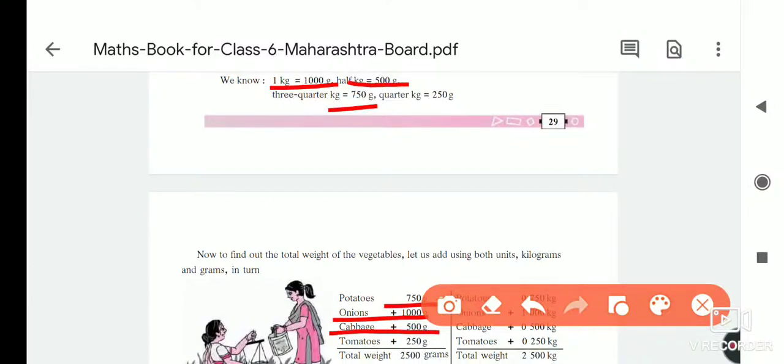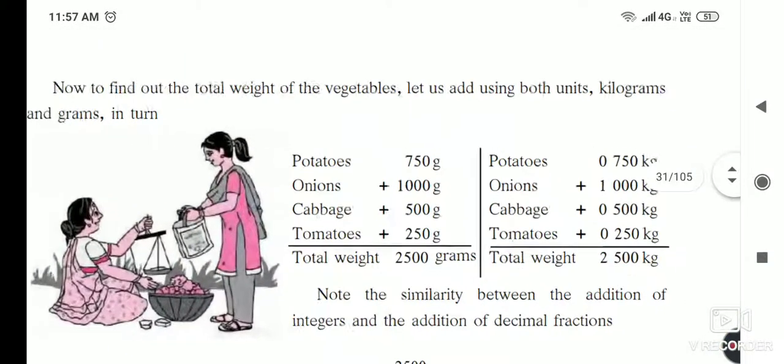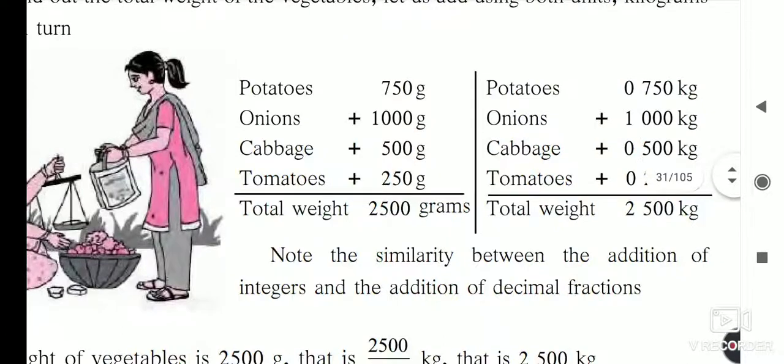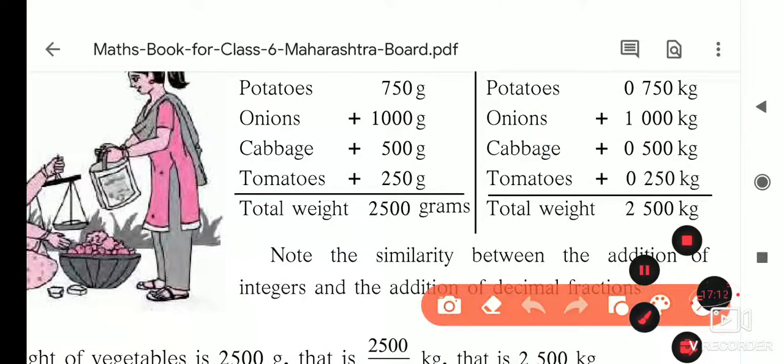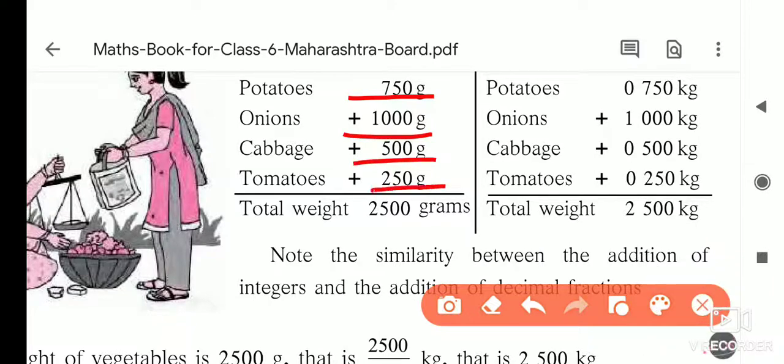And lastly she took tomatoes, 1/4 kg, and 1/4 means 250 grams. So total, if we do the addition, 750 grams plus 1000 grams plus 500 grams plus 250 grams, so total is 2500 grams. This is the one method of addition.